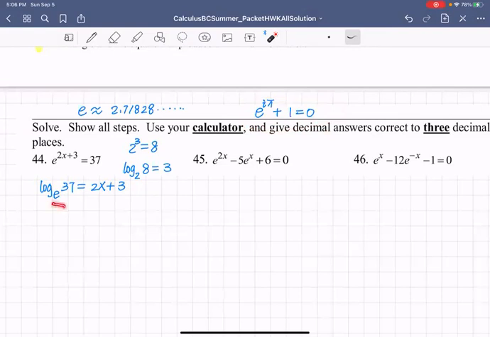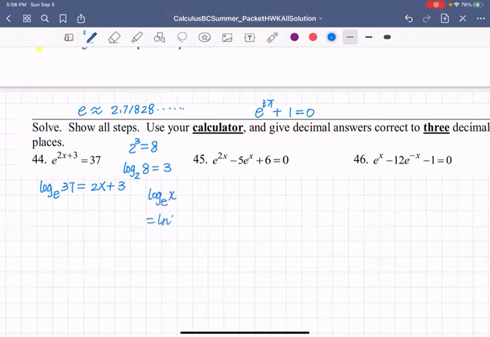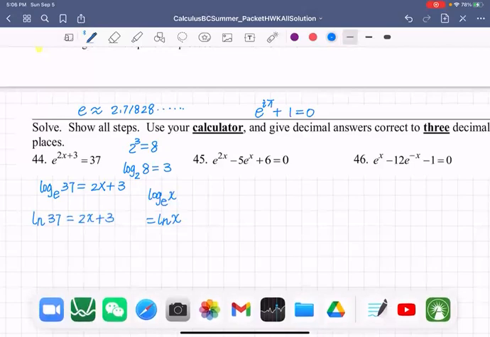And now, when you have e here, you can rewrite. If you have log e of x, you can rewrite this as ln x. So you can see ln 37. And how do you find your ln value?